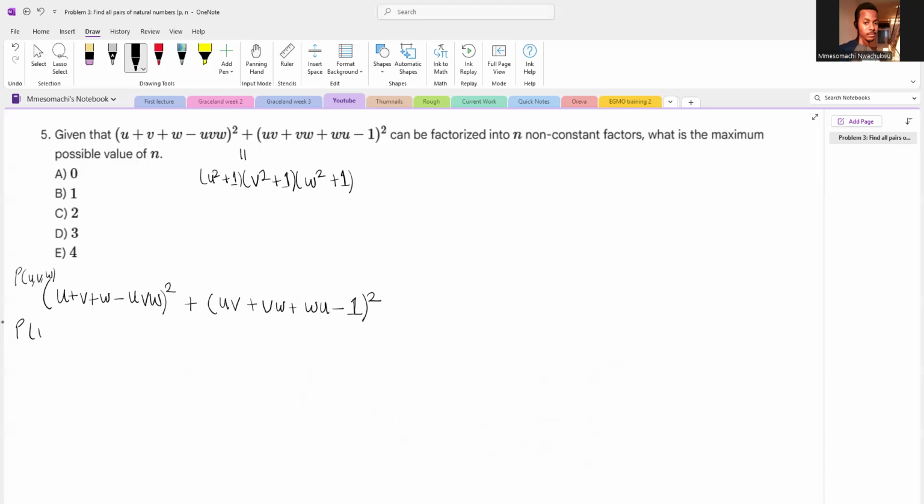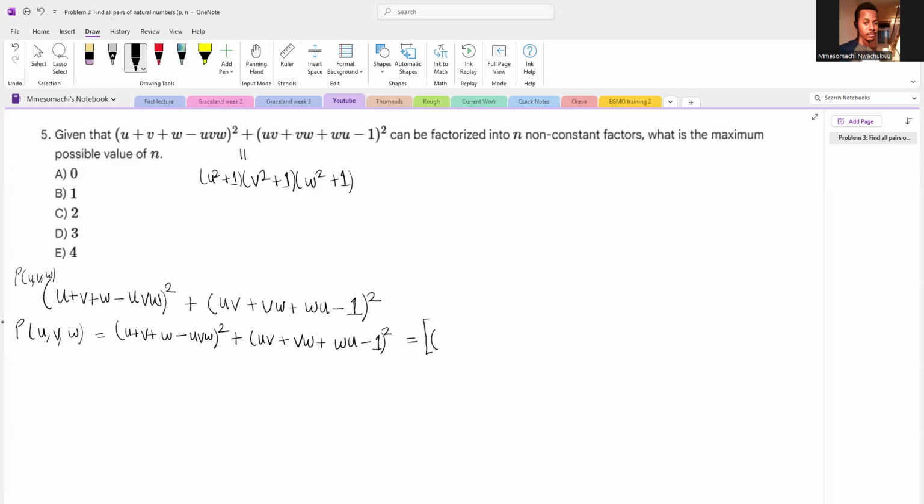P(u, v, w) equals (u + v + w − uvw)² plus (uv + vw + wu − 1)². And we can expand this in a way. I think I'll just use big brackets.